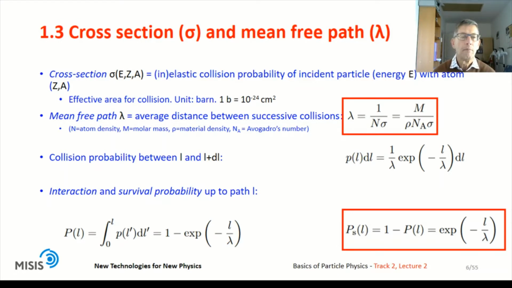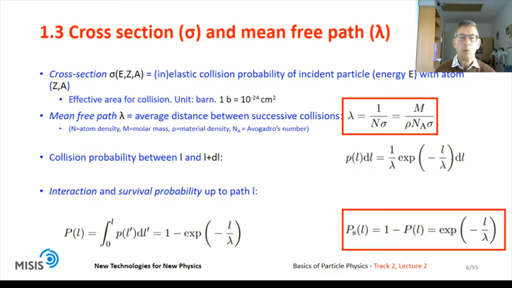The mean free path is the average distance between successive collisions, and that then is 1 divided by this probability, but you need to multiply that by the atomic density, so the number of atoms per volume unit, so you get the right dimensions of length.